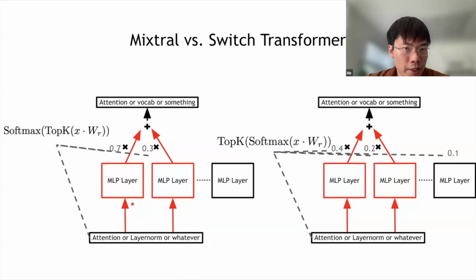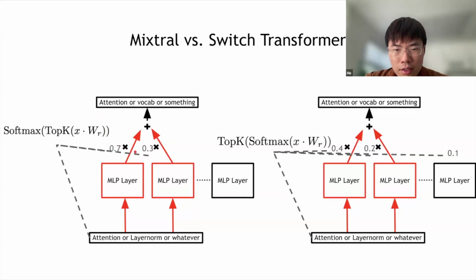And on the left is a Mixtral style. Mixtral's 8x7B model introduced a different style of router, which is top K then softmax, instead of softmax then top K. So the experts that are not in top K will not get probability assigned, and the softmax is applied to the top K experts, so they always sum up to 1 in the output.